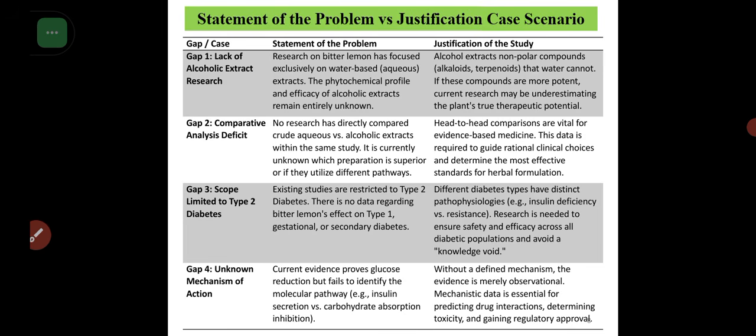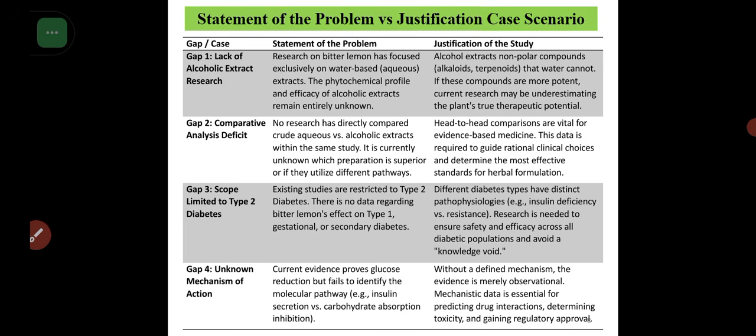Is that making sense? Yes. So it's justifying that. Other research have been using aqueous extract. Meanwhile, we have some phytochemicals that only alcohol can extract, water cannot extract, and those phytochemicals may possess very high therapeutic potential that we cannot overlook.